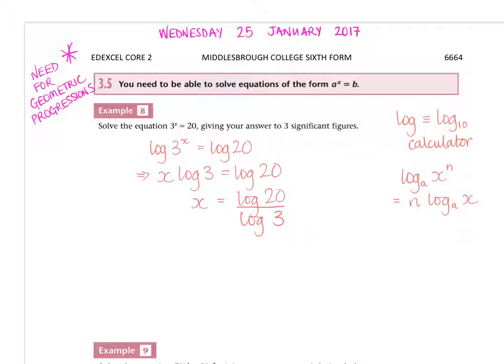Can you work that out on your calculator? Remember, write the full display. And it's asked for 3 significant figures, so full display and then round it.